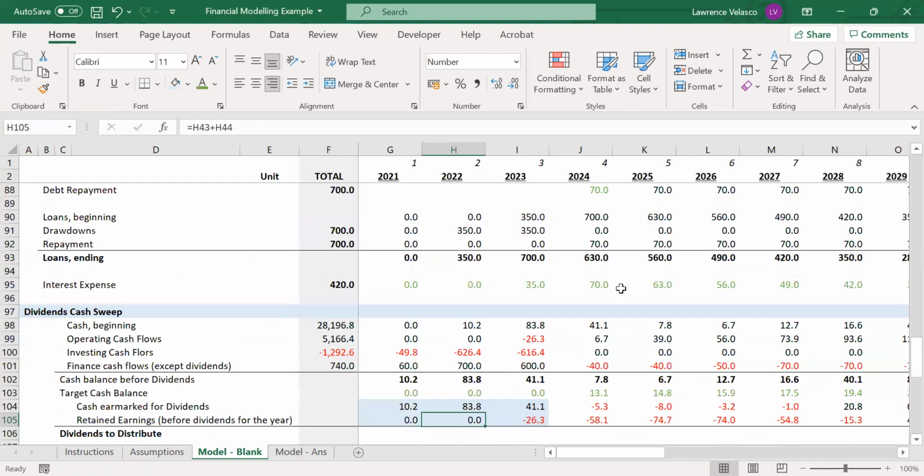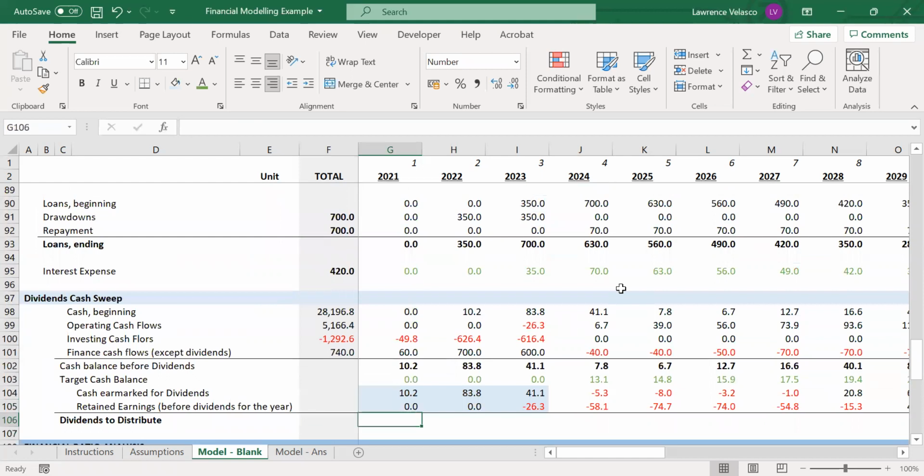Okay. From there, how much dividends should you distribute? You can distribute only if, first, there's a positive RE.